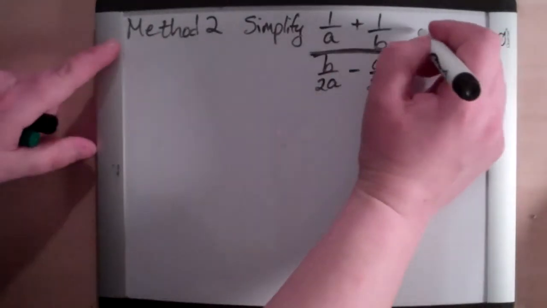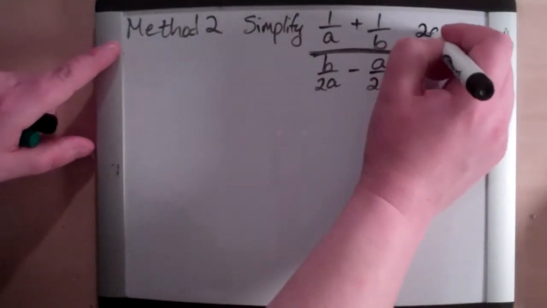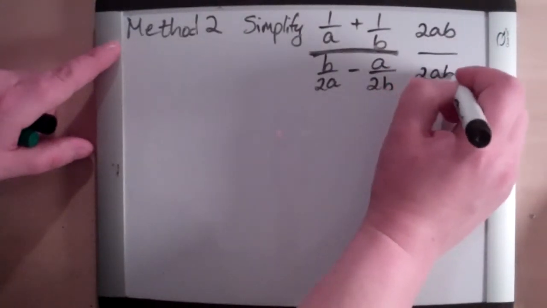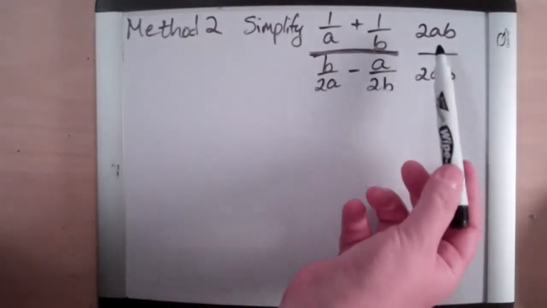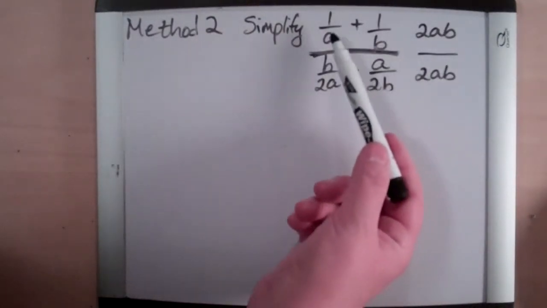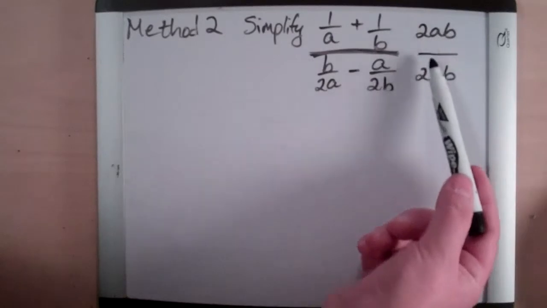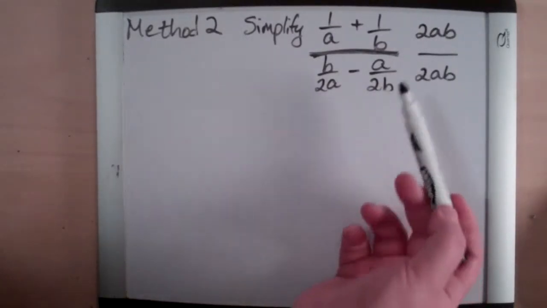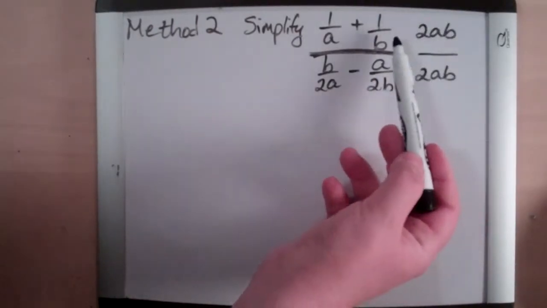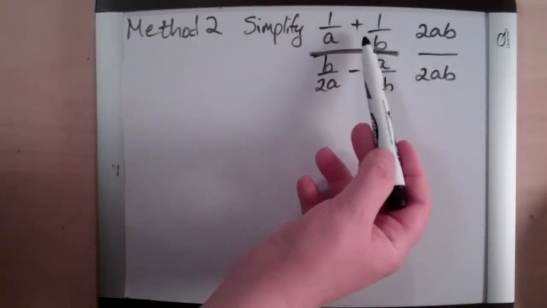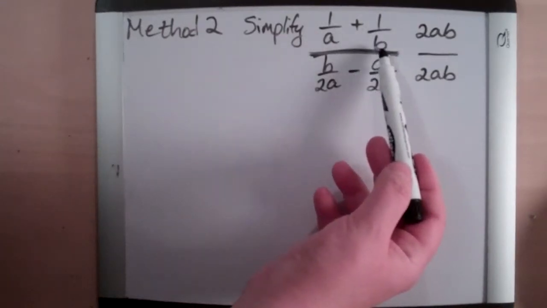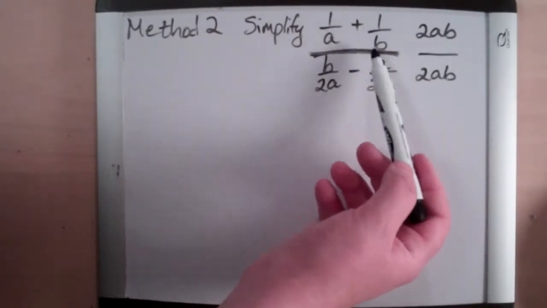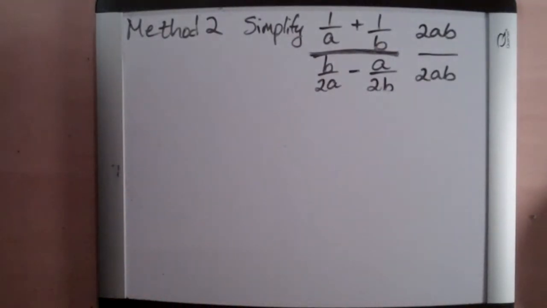I'm going to take that 2AB and write it so that I'm taking this entire complex fraction and multiplying it by a form of 1 that I created out of the least common denominator, and I'm going to distribute 2AB through this first pair of fractions. So it's going to be 2AB times 1 over A plus 2AB times 1 over B.